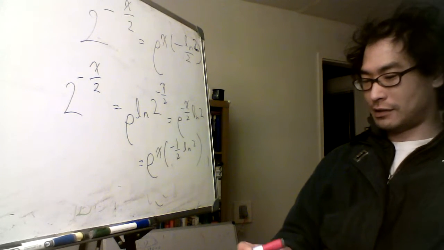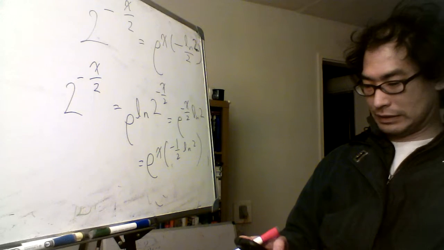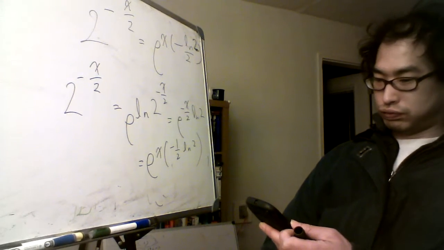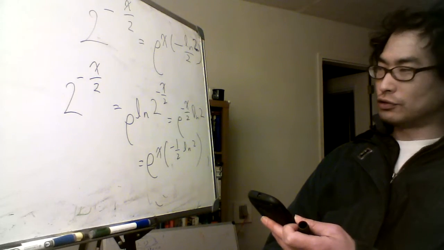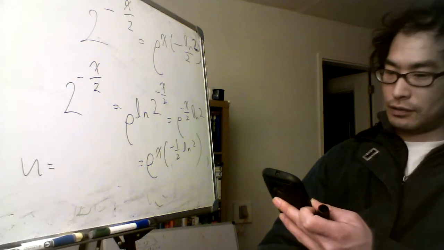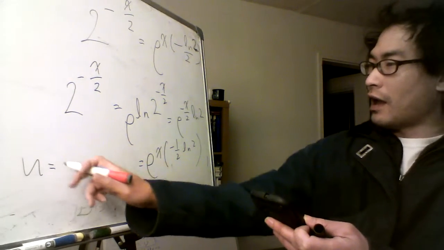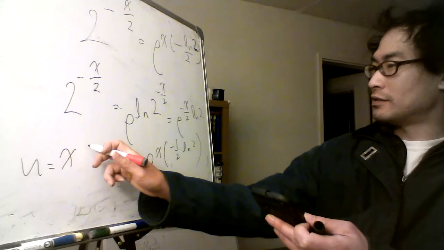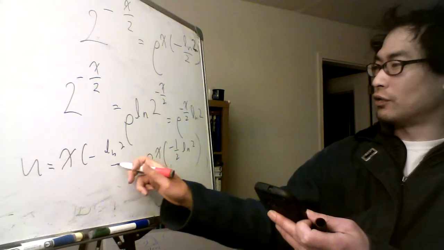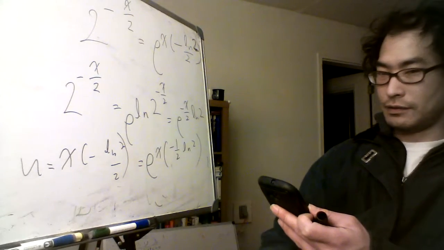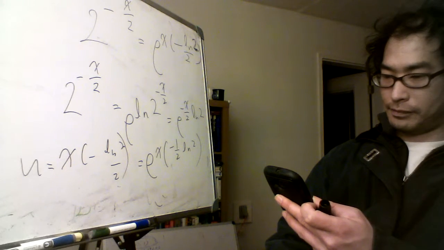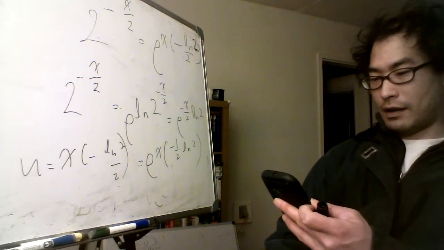Okay, what's next? So he substitutes u as equal to x times minus ln 2 over 2. Then what?